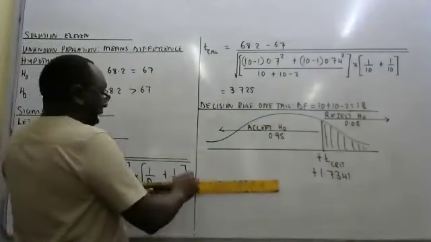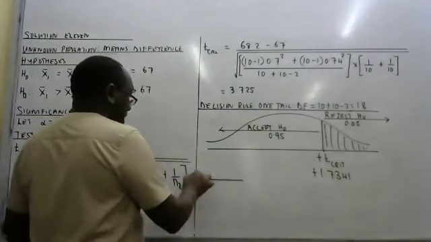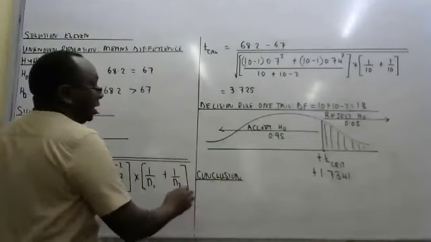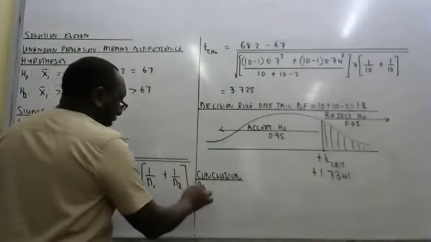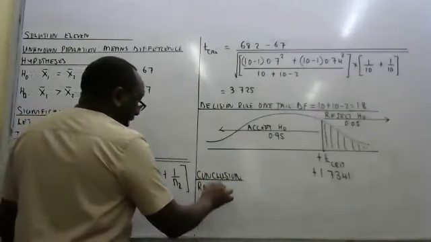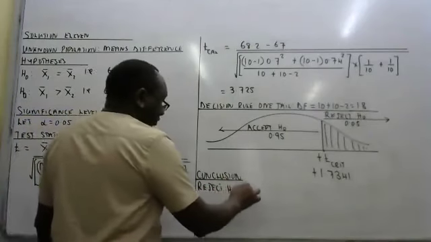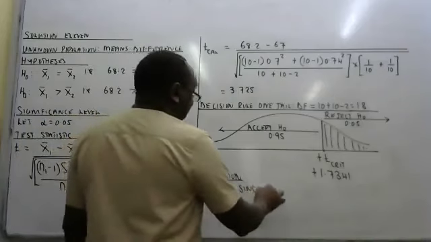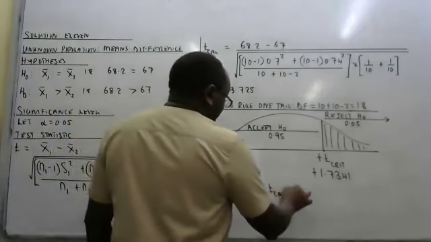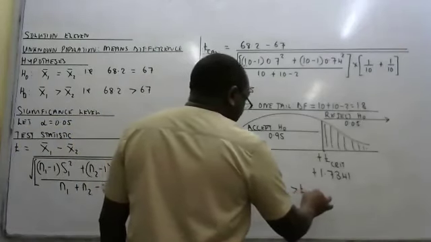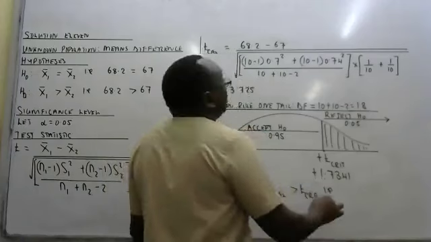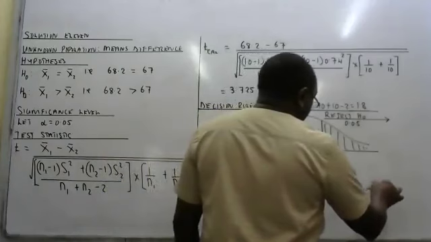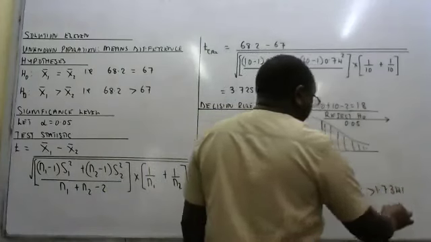So, my conclusion will be to reject null, since T calculated is greater than T critical. That is 3.725 is greater than 1.7341.